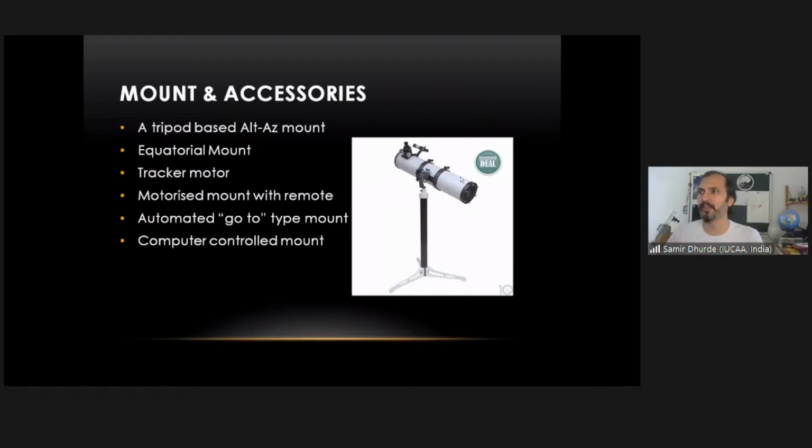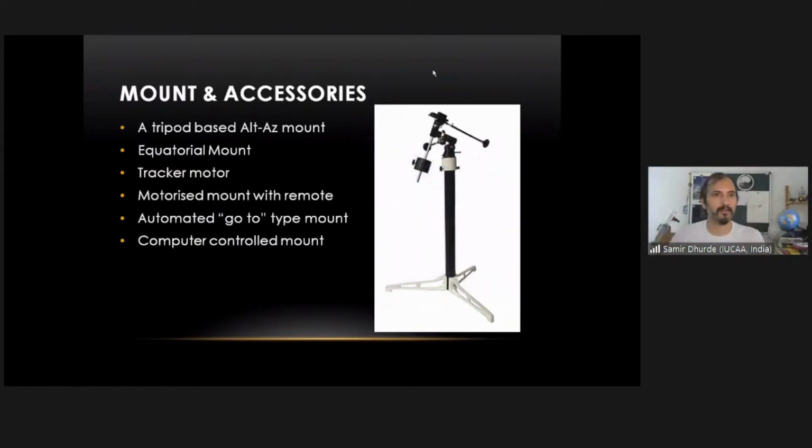This is, I think, a 5-inch, 6-inch telescope with a tripod like this, and a mount which allows you to move up and down and X and Y. But if you're going for a better observation, if you're going for astrophotography, if you're going for scientific studies, equatorial mounts and its different kinds are a must to have.